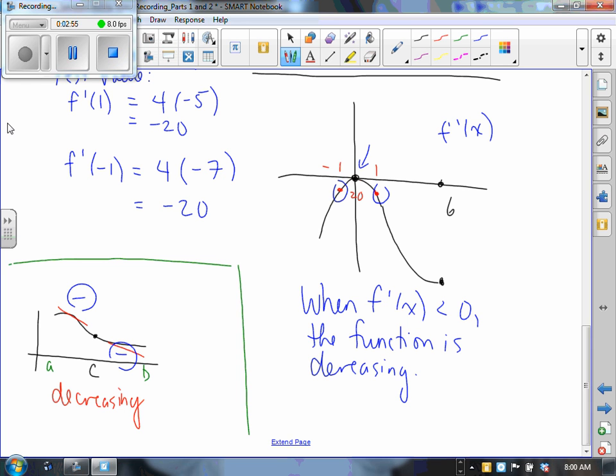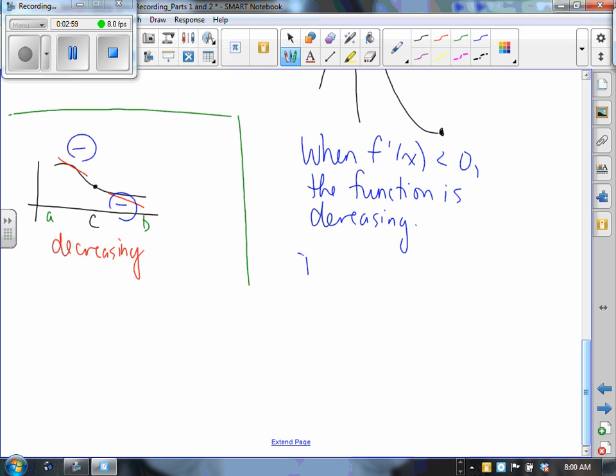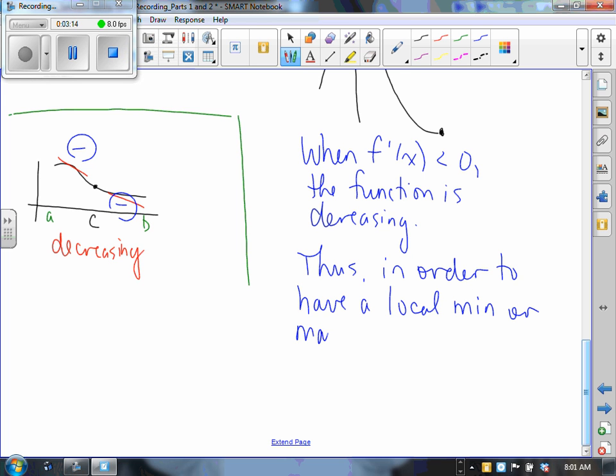Thus, more importantly here, in order to have a local min or max, the first derivative must change sign.